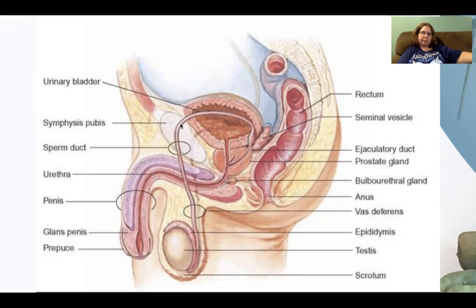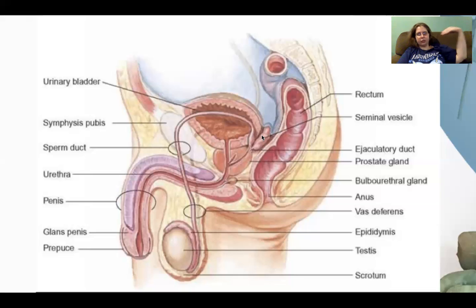That's going to come up and around the bladder. This is the bladder here. It's going to come up and around the bladder. Here we have the prostate gland. Oh, sorry. That's the seminal vesicle. I was looking at right here. So here we have the seminal vesicle.